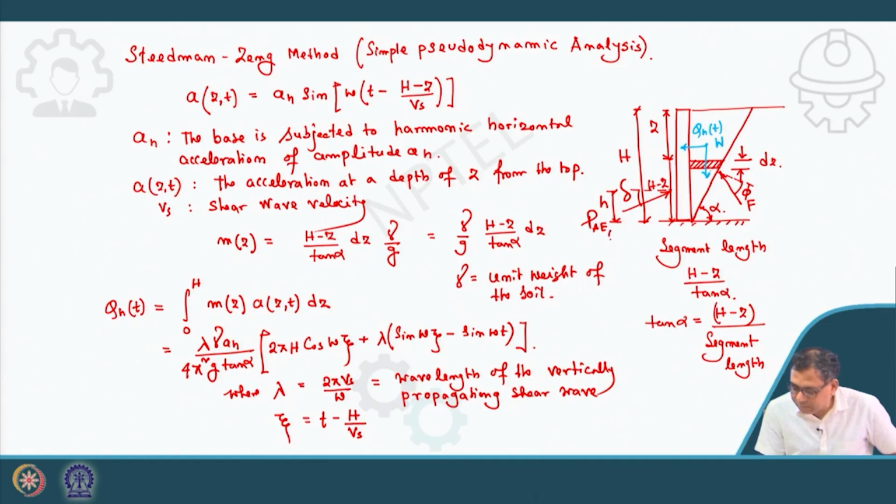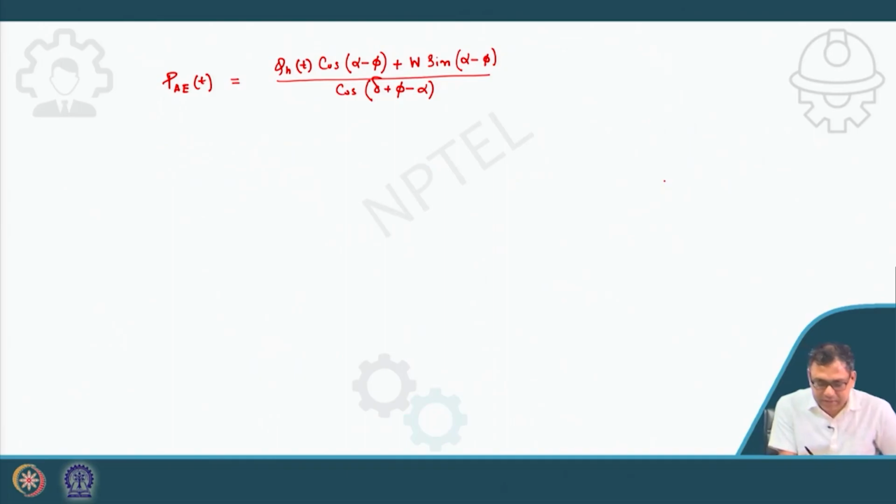These are the forces, the similar way we did for Coulomb's theory and the Mononobe-Okabe theory. We finally get PAE equal to QH cos(alpha minus phi) plus W sin(alpha minus phi), divided by cos(delta plus phi minus alpha). Delta is the friction angle between the soil and the wall. This is the total force obtained by resolving the forces on the wedge.